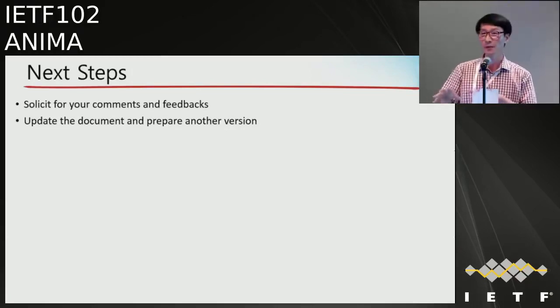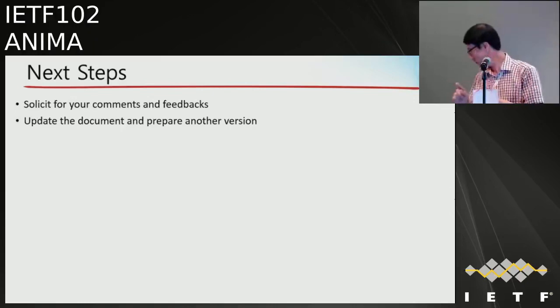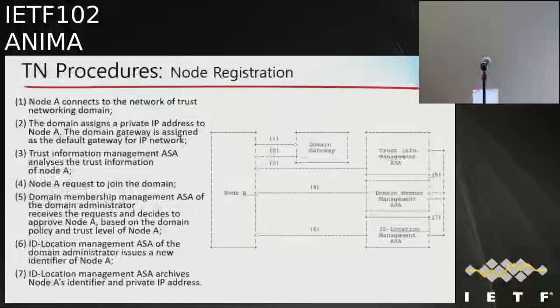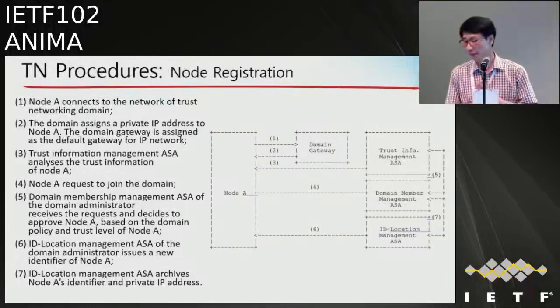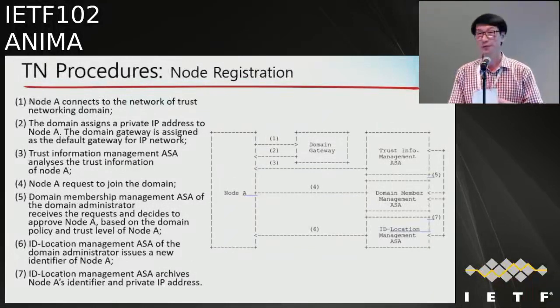The domain gateway consists of three things: identification repository management, trust information management and domain member management, and ID location management. Those three capabilities have been implemented as our proof of concept, and we can provide a little more detailed information to the working group in the next meeting.